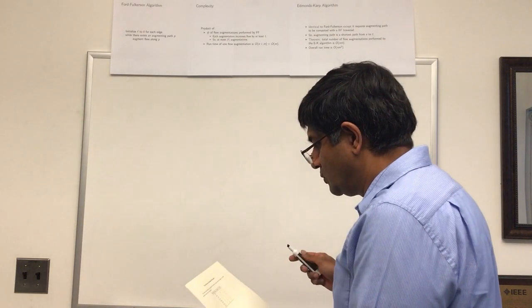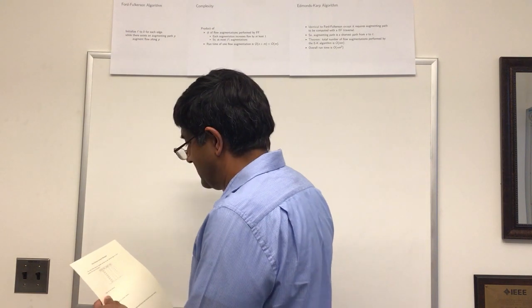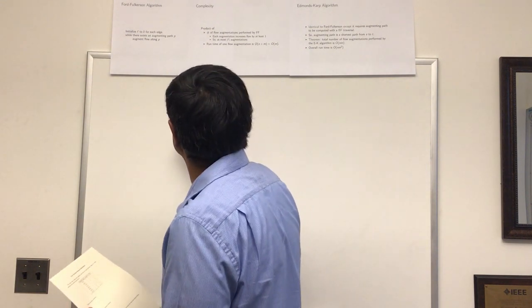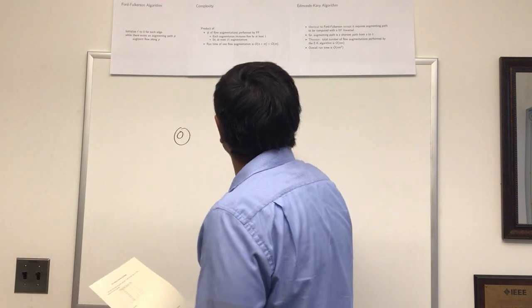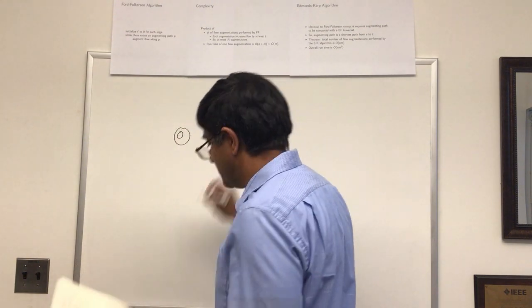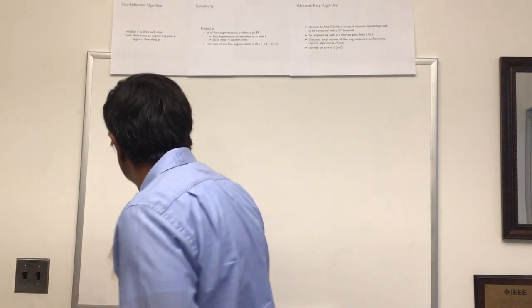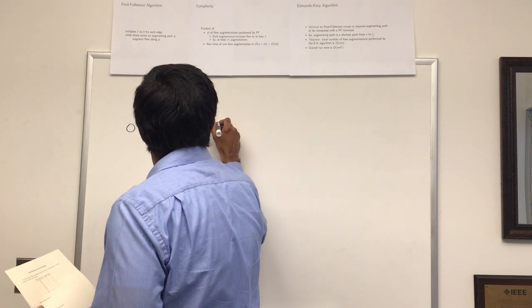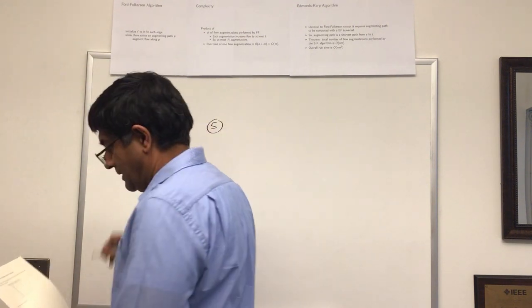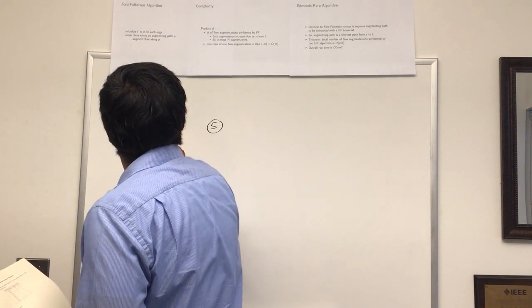All right, so question one here is asking me to draw the flow network, and I've been told that the source is vertex 0, and the sink is vertex 5. I think I'm going to draw these a little bit to the left so there's room for stuff. Okay, so this is 0, that's 5. I have edges going from 0 to 1 and 2.